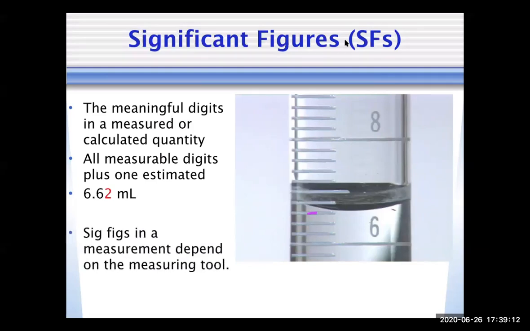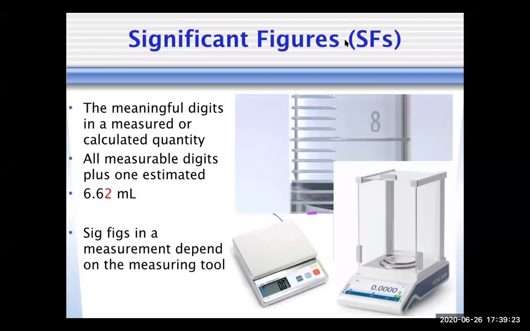Remember that significant figures depend upon the measuring tool. If we go back to our example at the beginning, remember this balance is only going to give us to the tens place. So if we were measuring something like the 5 grams, it would only give us 2 significant figures.